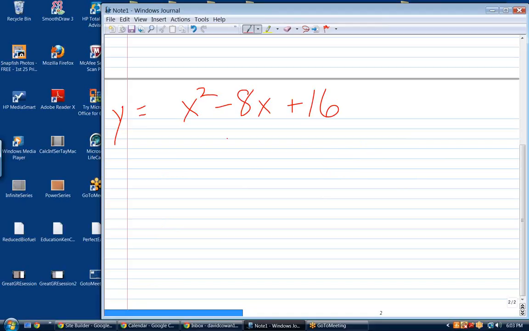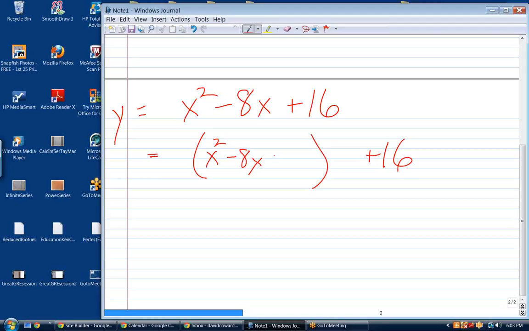Okay, so let's complete the square here. What's our first step? Move the 16 away. Yep. Okay, now what? Don't you halve the x coefficient then square it?